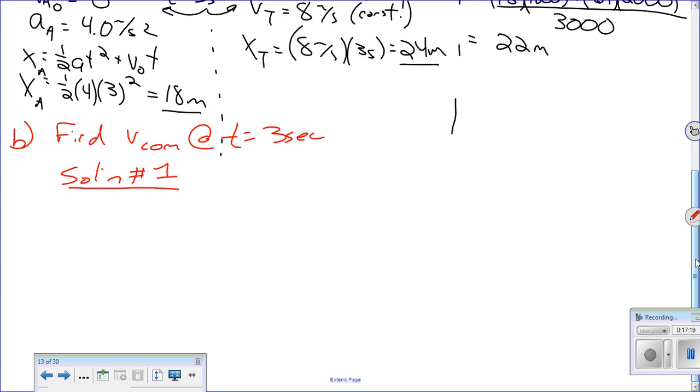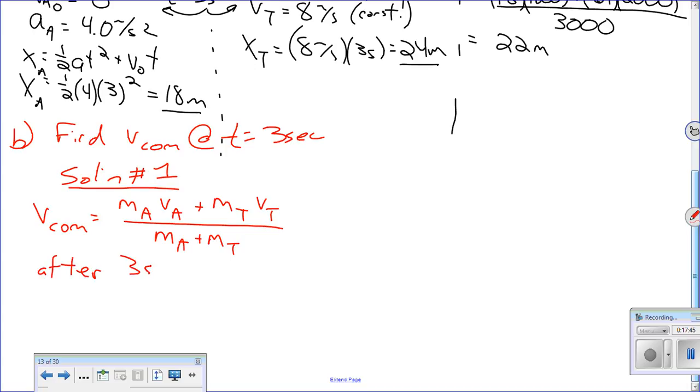Well, solution number one is to use the equation I just gave you. The velocity of the center of mass is equal to the mass of the auto times the velocity of the auto plus the mass of the truck times the velocity of the truck, over the total mass. What do I have to do before I can use that? Find those two velocities, right? So let's see.